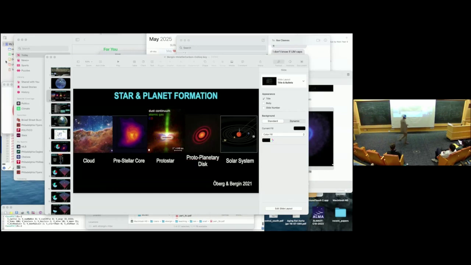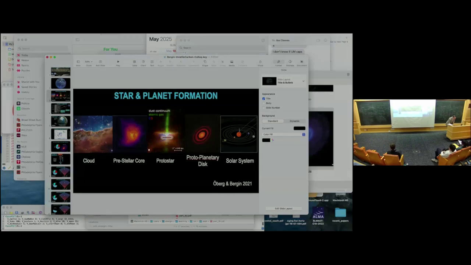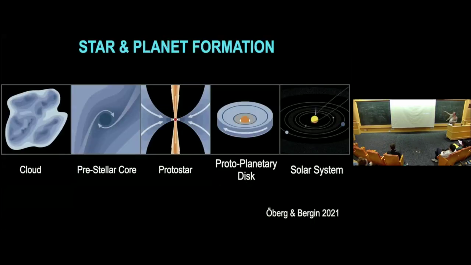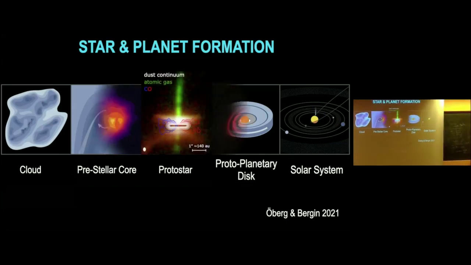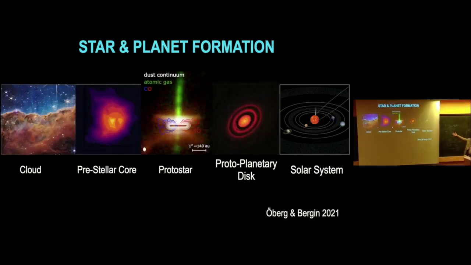So that's the schematic. That's what you saw, and that's reality. So we have our cloud. There's a pre-stellar core. This is a particular molecule that traces the density. So you see it's centrally concentrated. There's the millimeter grains concentrated to the midplane.